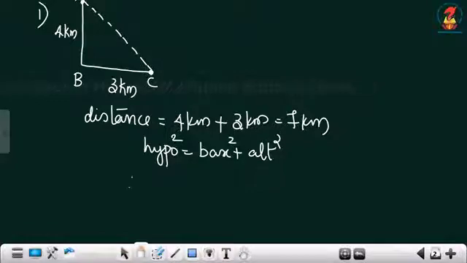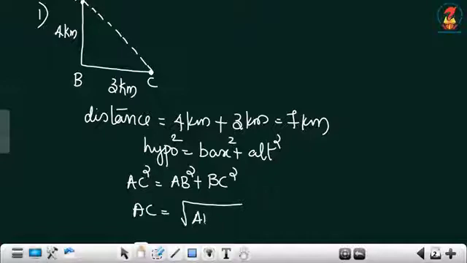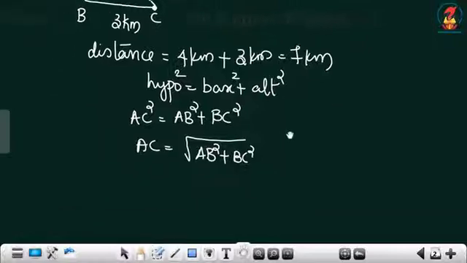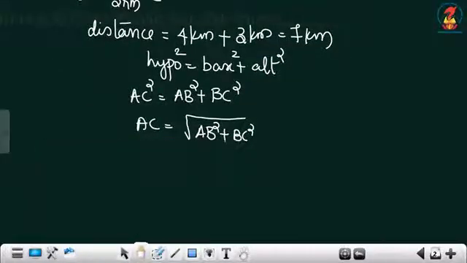Here hypotenuse means AC. So, AC square equals AB square plus BC square, or AC equals root of AB square plus BC square. What is AB?